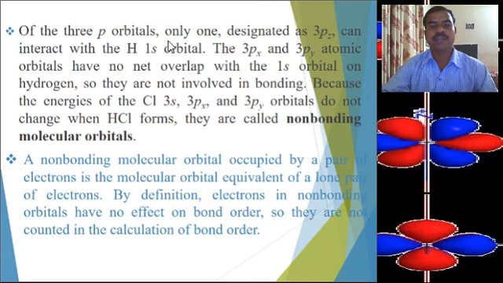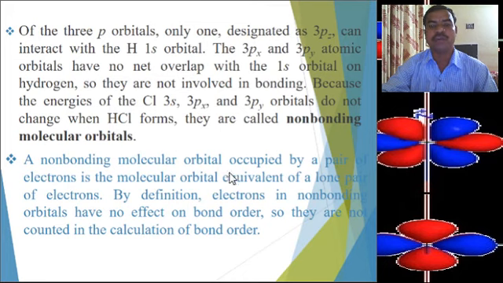Of the 3p orbitals, only one, designated 3pz, can interact with the hydrogen 1s orbital. The 3px and 3py atomic orbitals have no net overlap with the 1s orbital on hydrogen, so they are not involved in the bonding because the energies of the Cl 3s, 3px and 3py orbitals do not change when HCl forms. They are called non-bonding molecular orbitals.